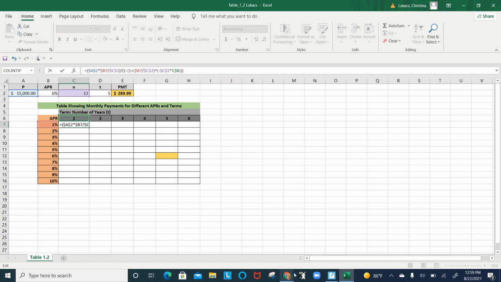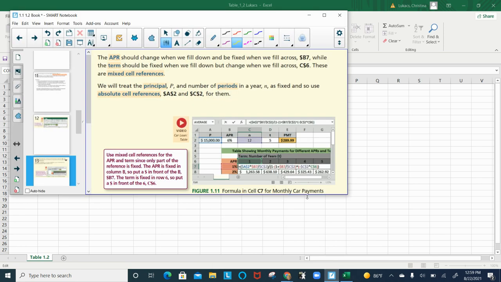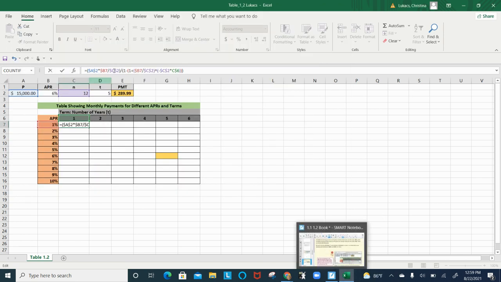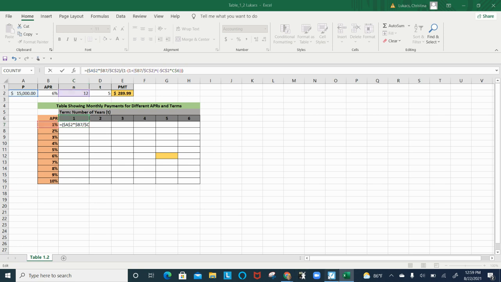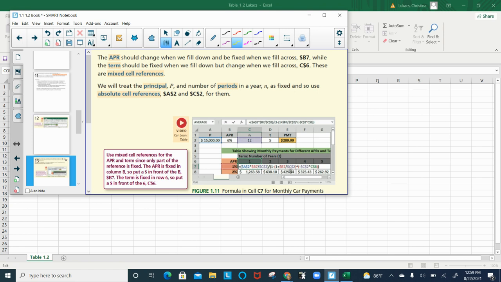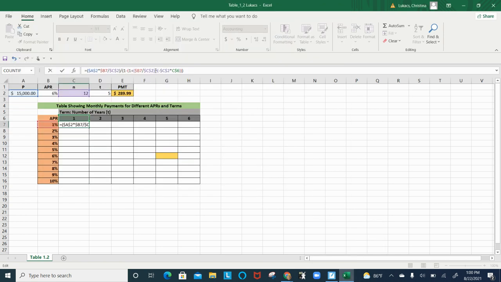Can't really take it out there. Let's take a look. 1 minus 1 plus $B7 divided by absolute C2. And that's in parentheses with red. So let's take a look at that. Just make sure that's what we did. I think I might be missing the red one there.